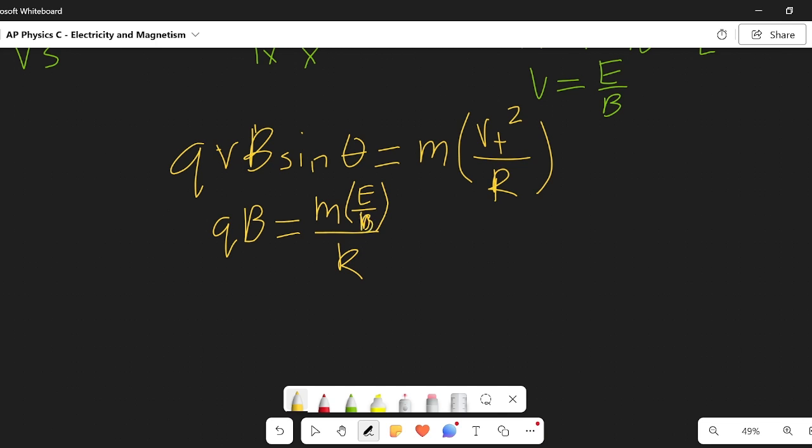Then our goal is to isolate this and move all the other variables to the other side.